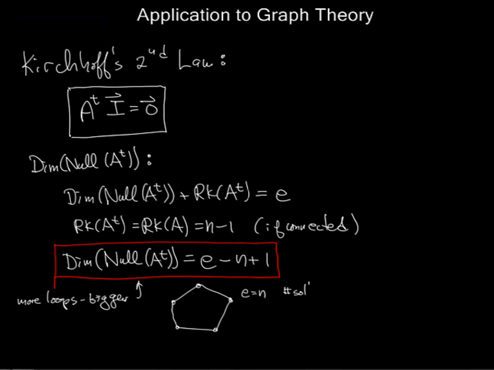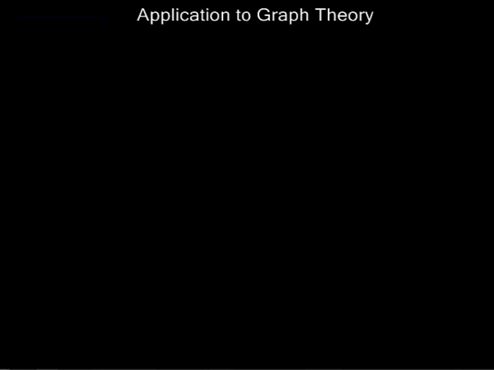For example, if you just have a circuit like this where E is equal to n, the null space is just one-dimensional. But if you have a circuit with more loops, something like this, then E minus n plus 1 is, in this case, 5 minus 4 plus 1, which is 2.